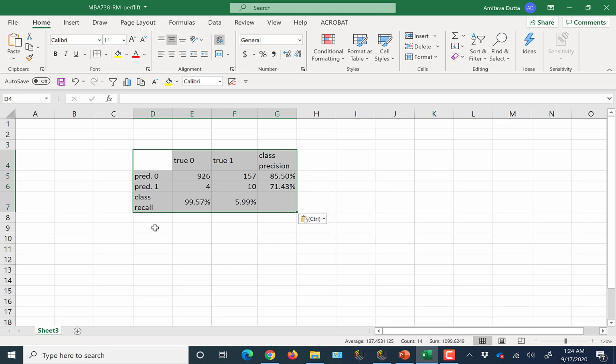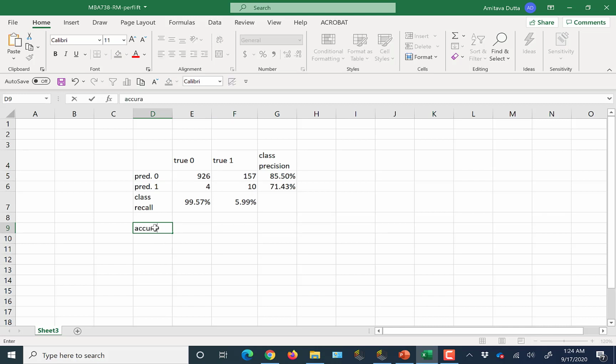Let's take each of those performance metrics in turn. First is accuracy. Accuracy is equal to, let me write it first, the true positives plus true negatives divided by the population.